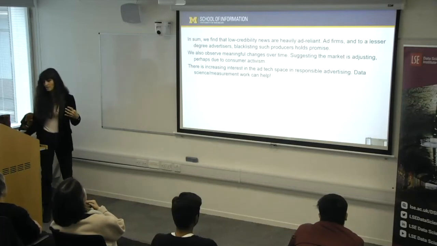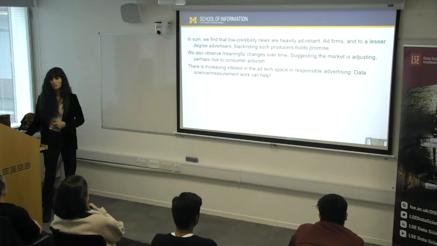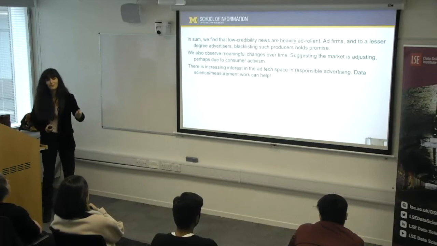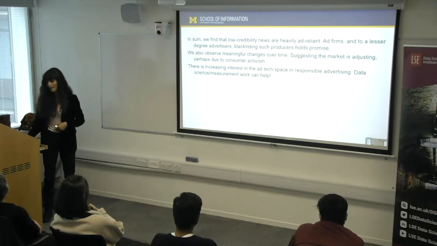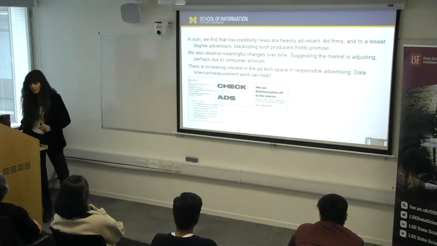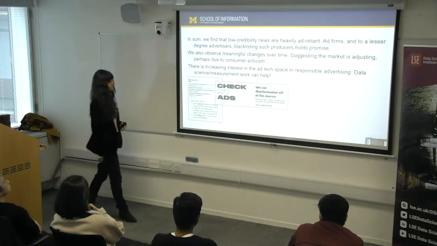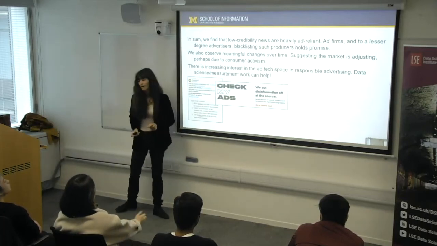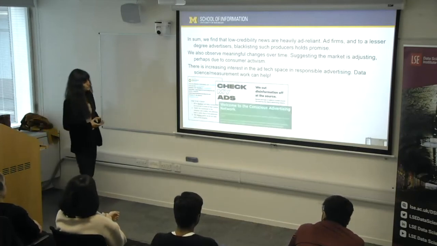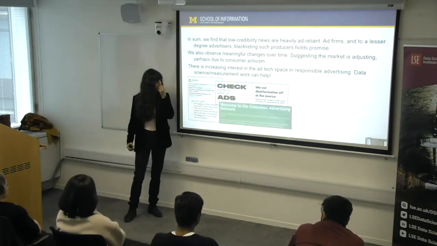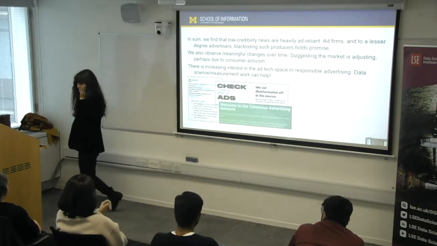I think that the data science and measurement work here can provide the weapons for these activists to enact change. Sleeping Giants was one of them, but there are Check My Ads, another responsible ad tech company in the US. There are examples of that in the UK as well. Conscious Advertising Network is an interesting effort that does similar things.